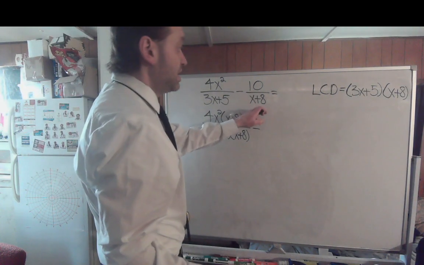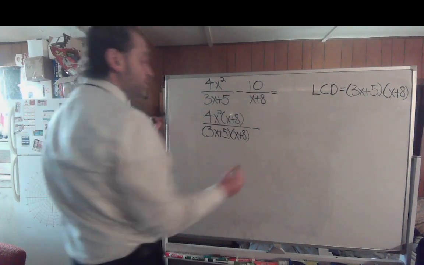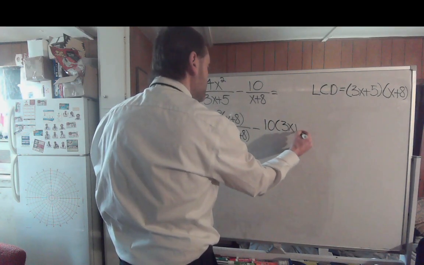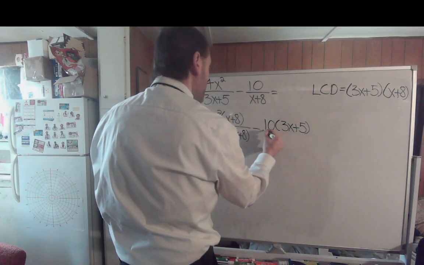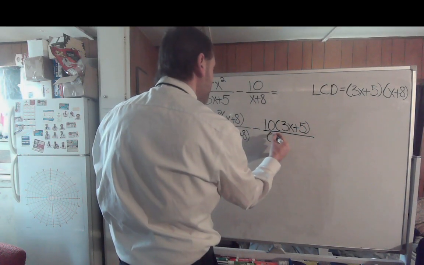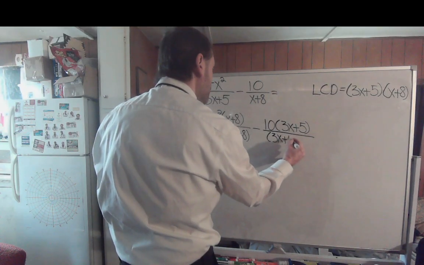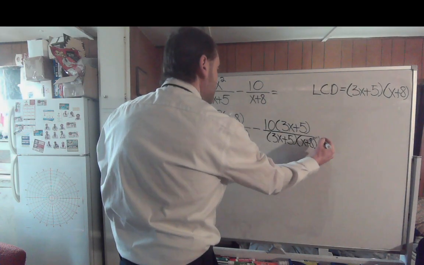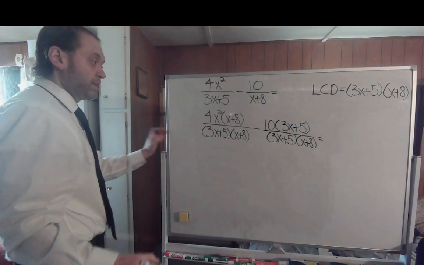You need to multiply both numerator and denominator by 3x plus 5. So minus 10 times 3x plus 5 all over that 3x plus 5 times x plus 8. Now that we have the same denominator, we can proceed.